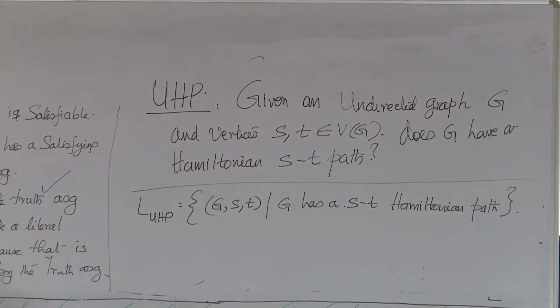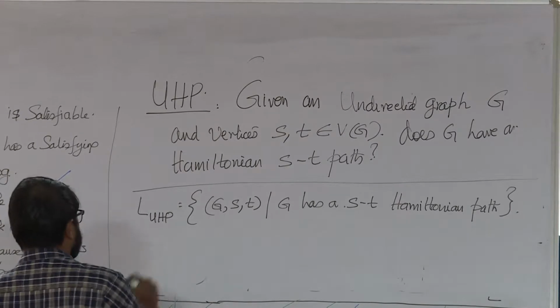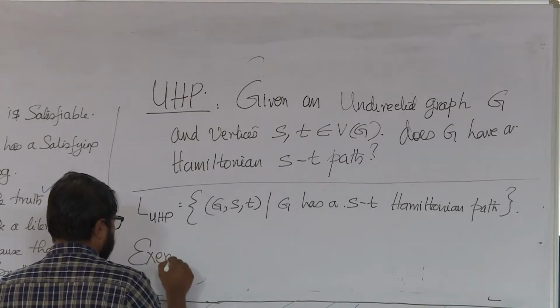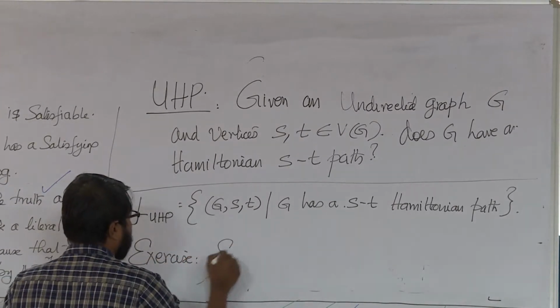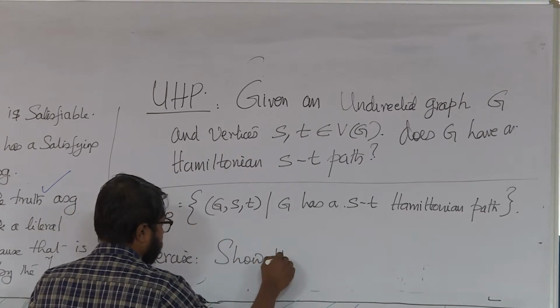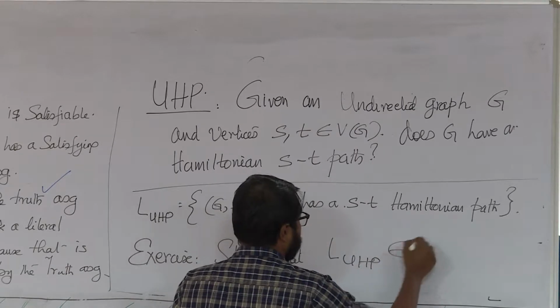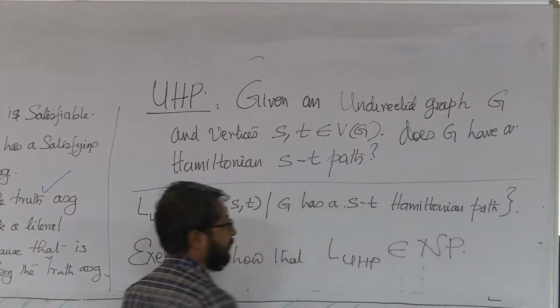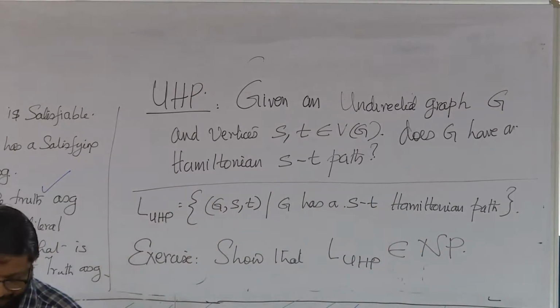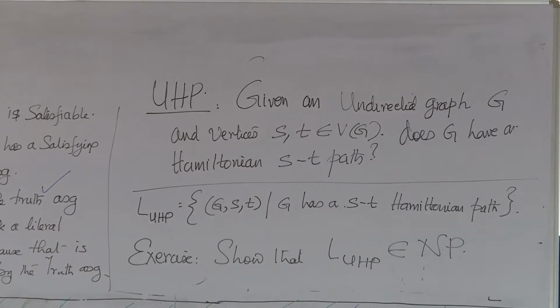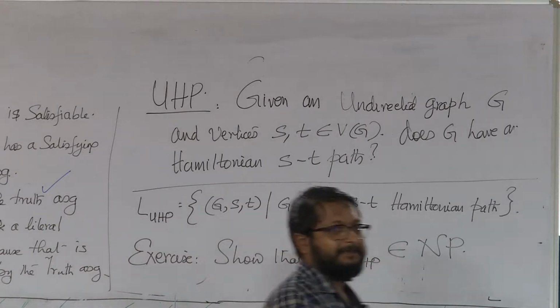Suppose you want to prove that this problem is NP hard. I leave it as an exercise again. Show that this problem is in NP. Okay. Now suppose you want to show that this problem is NP hard.